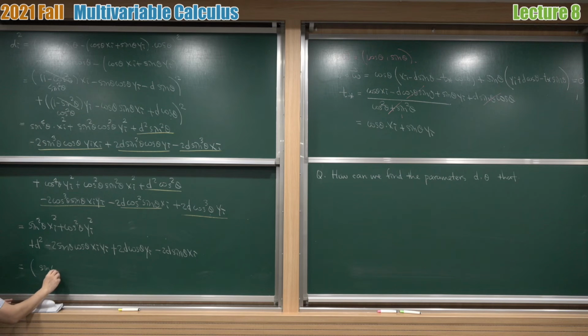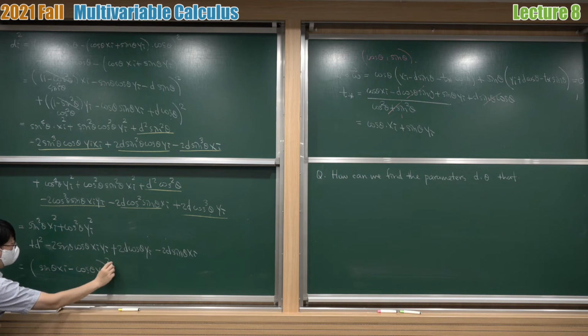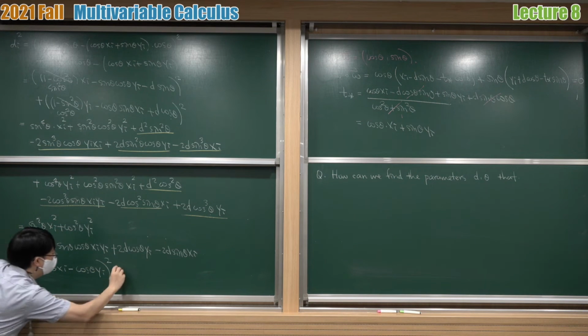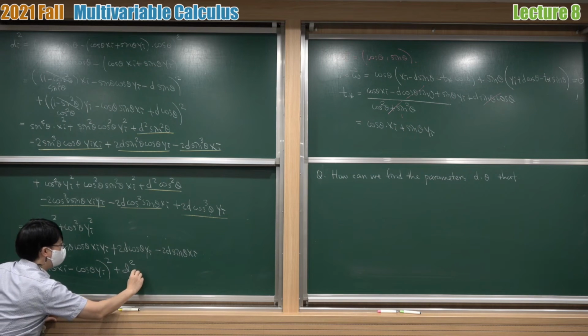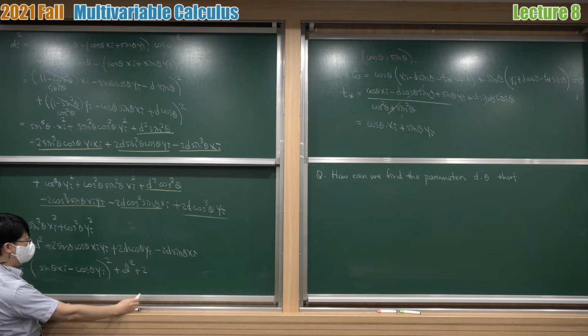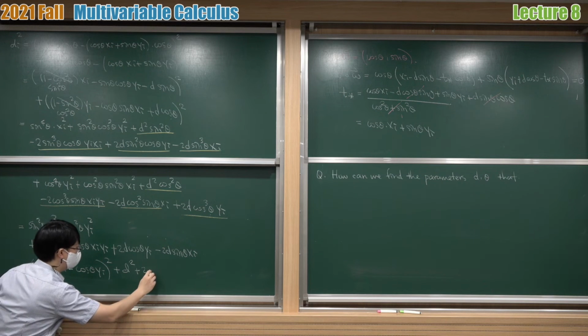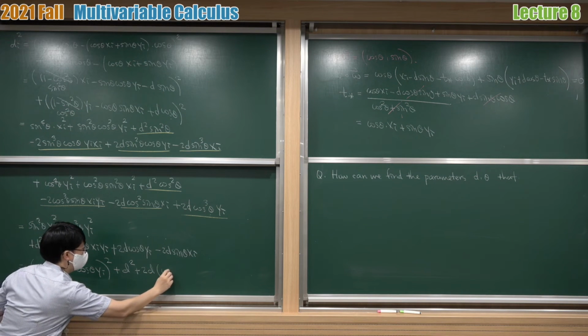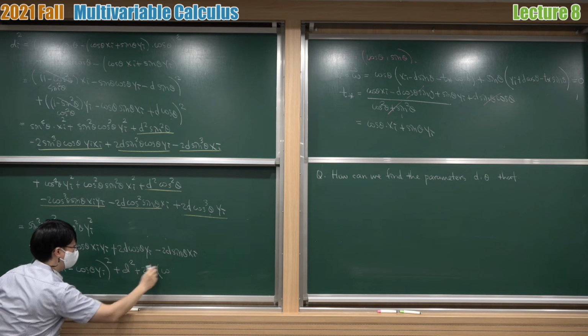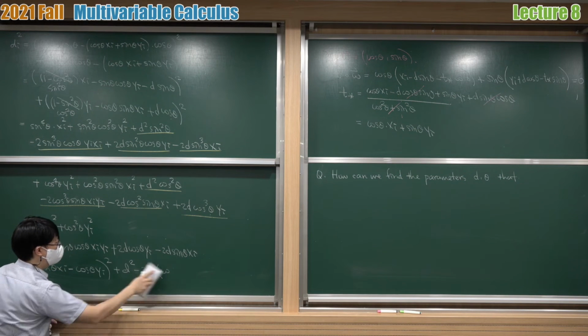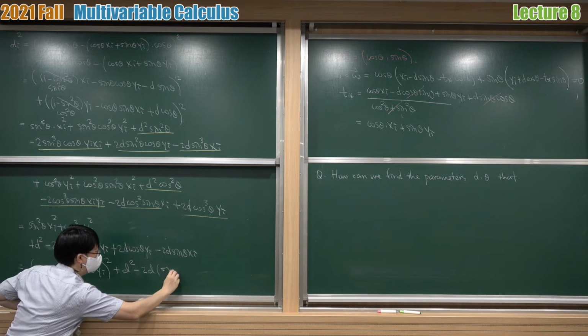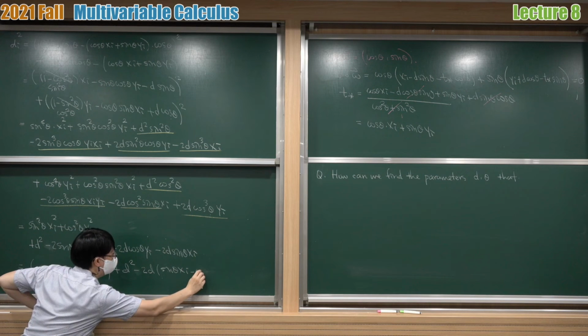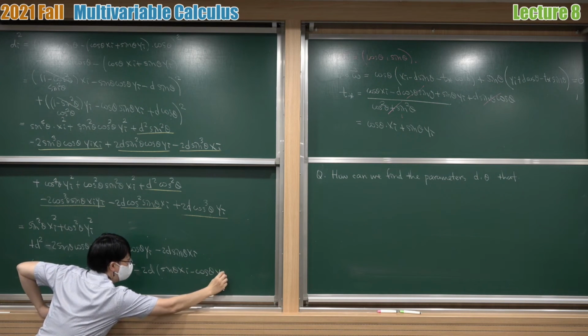Sine theta xi minus cosine theta yi square, and we have d square and okay, so it's 2d, so let's say minus 2d sine theta xi minus cosine theta yi.